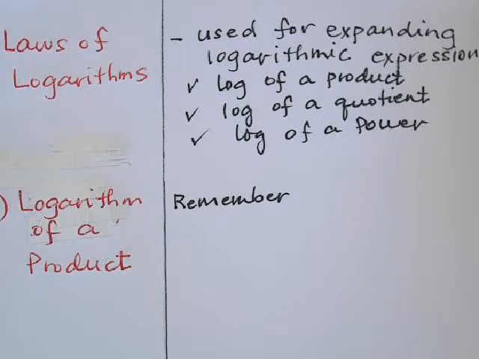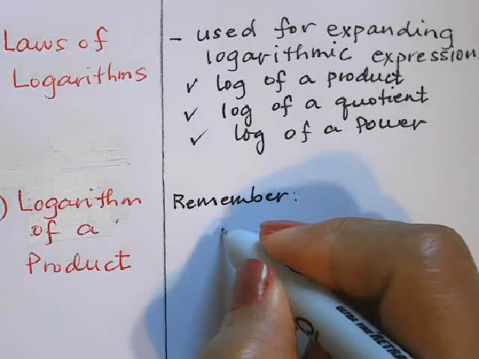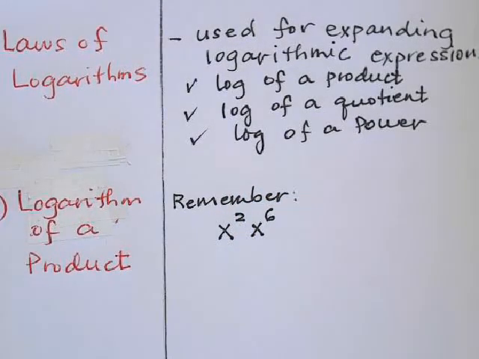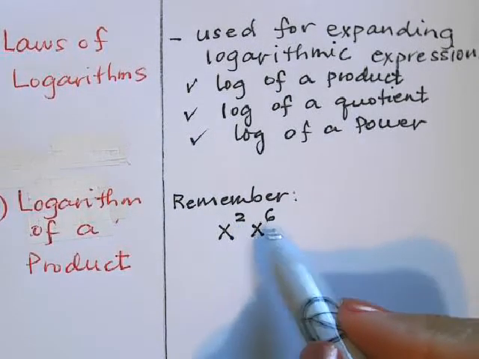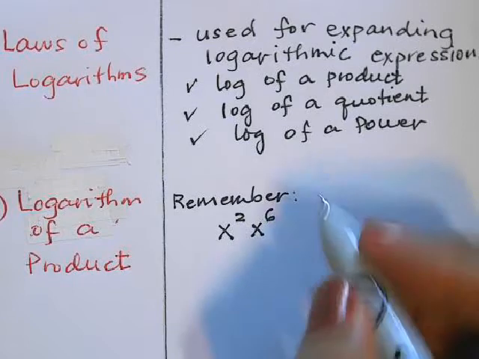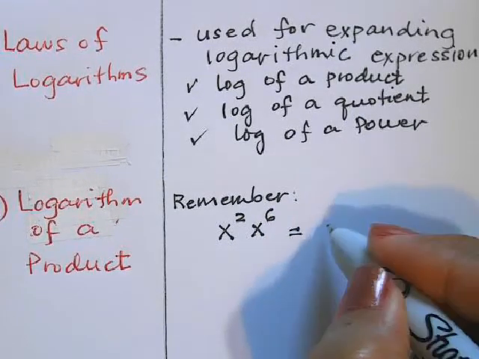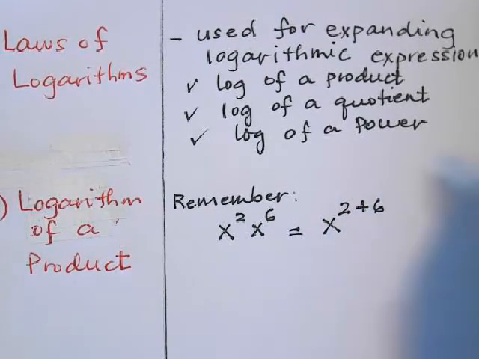So first, let's study the logarithm of a product. Remember when you are multiplying x squared times x to the 6? You are multiplying, but you add the exponents. That's also something new, but now you're used to it. So this will be x to the 2 plus 6, not 2 times 6.